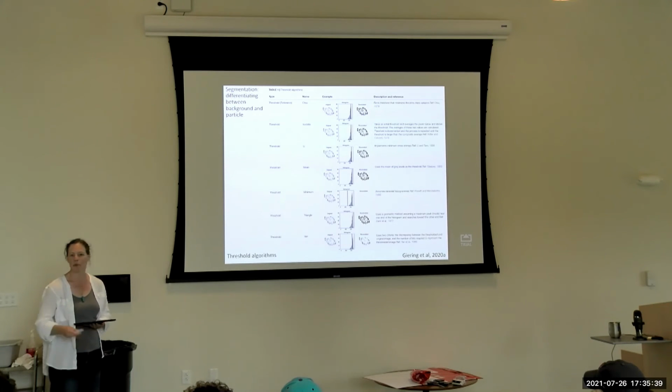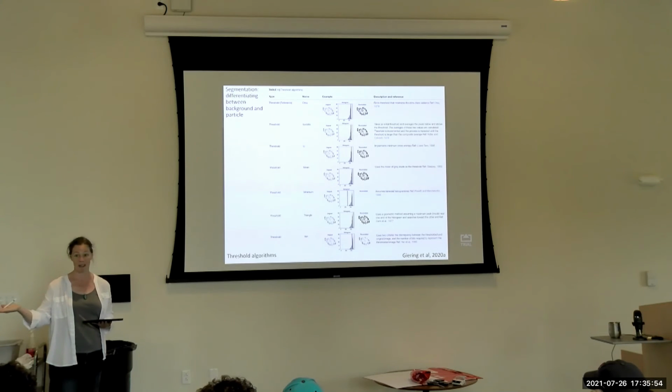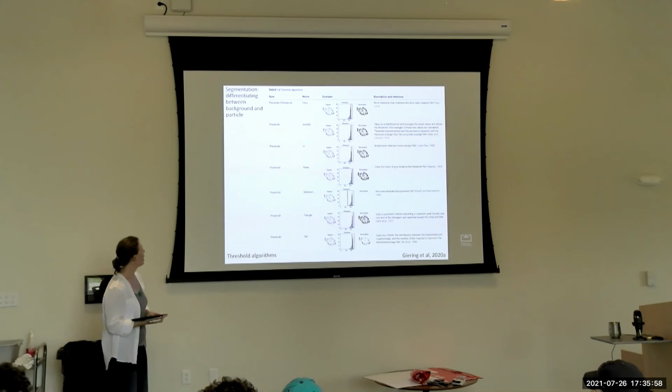One method is just a simple threshold method. So determine, what's the pixel value from completely white to completely black? What's the pixel value that is particle and what is the pixel value that is not? So what's the background? Anything above the background is particle. How do you count that?